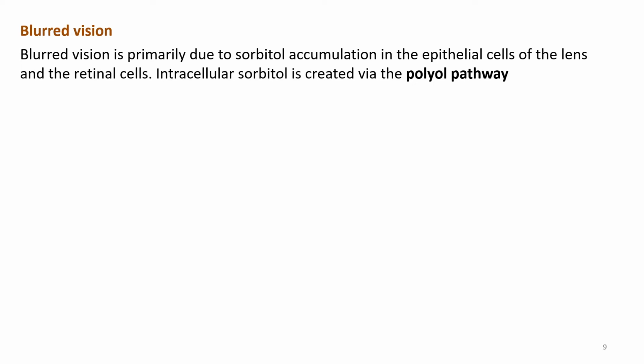So what happens is you end up getting a sorbitol accumulation in the epithelial cells of the lens and the retina, which contributes to blurred vision. As we said, intracellular sorbitol is created via the polyol pathway. So let's look at that pathway.